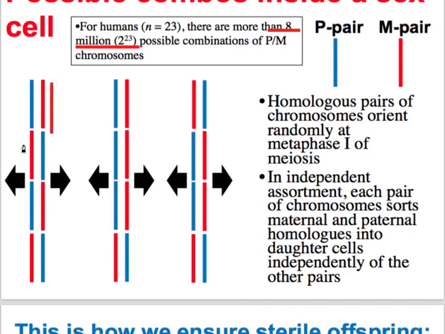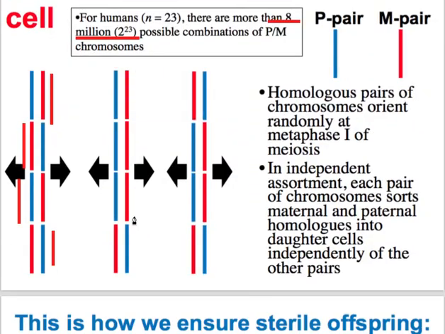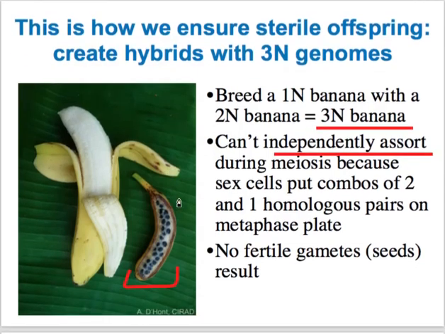Is this one going to have 2? Is this one going to have 1? Is this one going to have 2 on this side? Oh, but it's only going to have 1 on this side. So you see this unequal distribution here. That means that these are never going to form proper gametes because they're never going to be equal. You can never get a nice combo of 2 in this case.